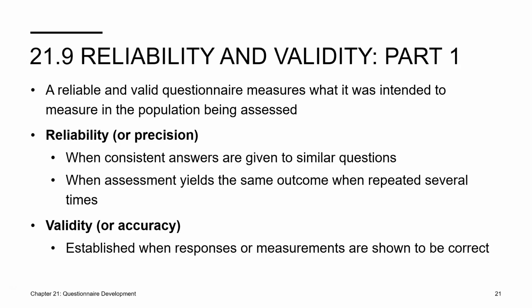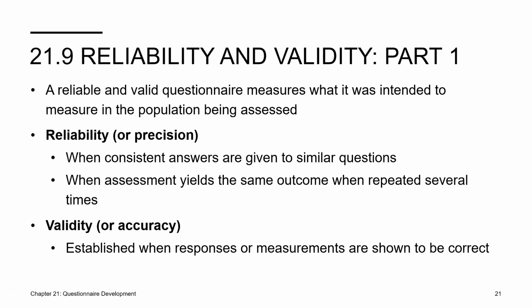So section 21.9 goes over reliability and validity. A reliable and valid questionnaire measures what it's intended to measure in the population being assessed. And so this is the internal validity. Reliability is precision. This is when consistent answers are given to similar questions.